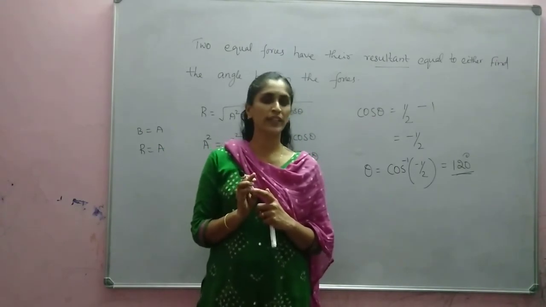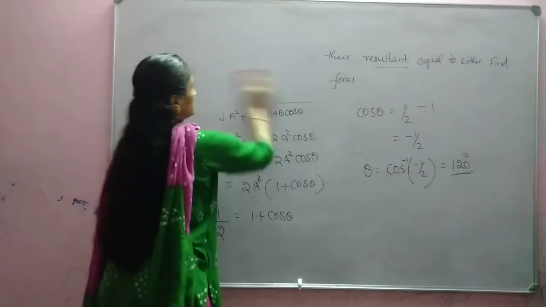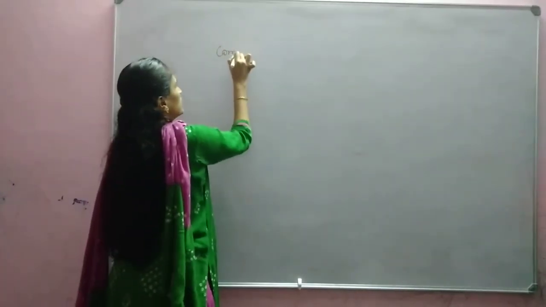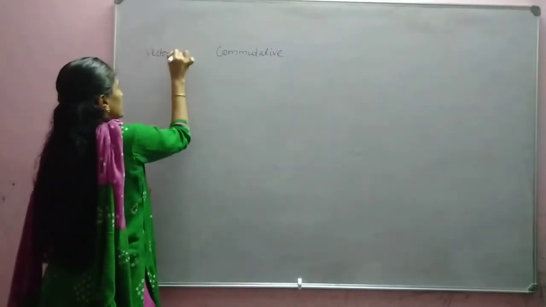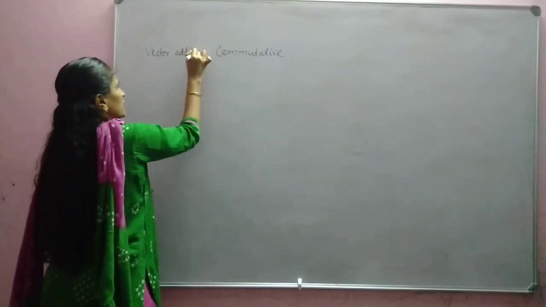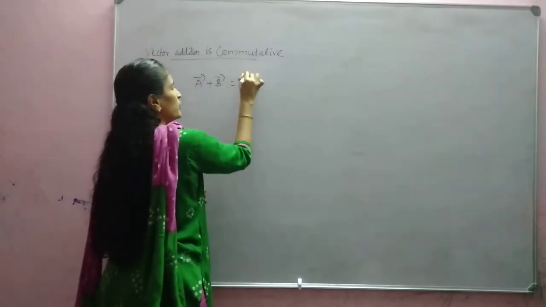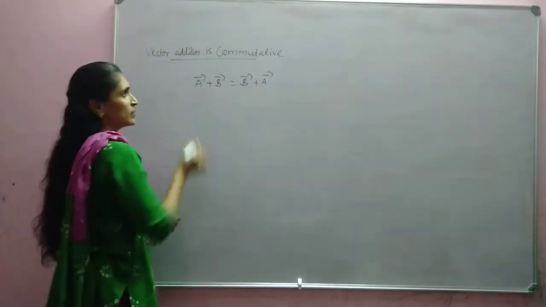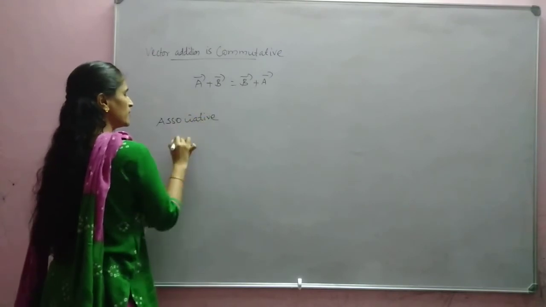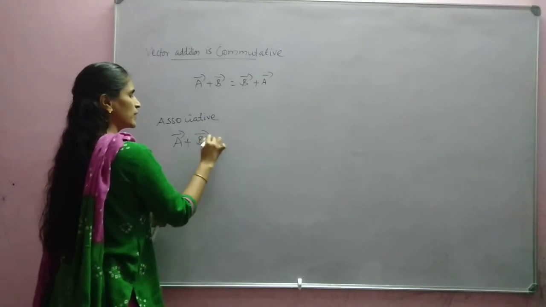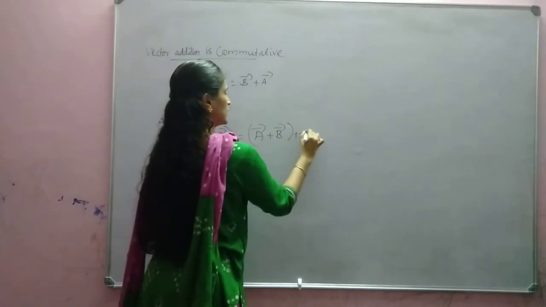Commutative means A plus B is equal to B plus A. Similarly, it is associative: if we are adding three vectors, A plus B plus C is equal to A plus B plus C, grouped in any way.